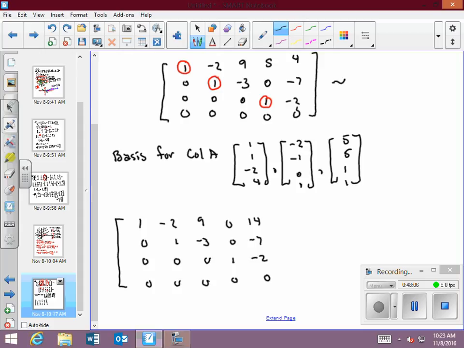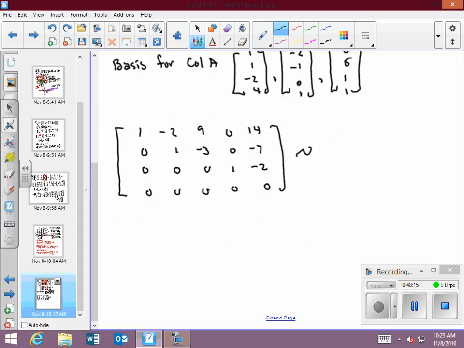Now I have to go to my second column, and I've got to get a 0 out of that 1. So then I'm going to go 1, and I have to multiply the second row by 2, 0.